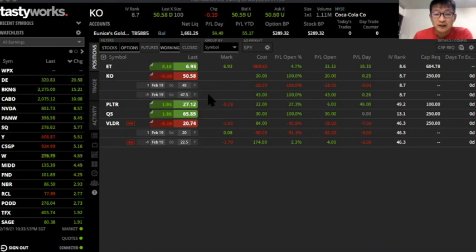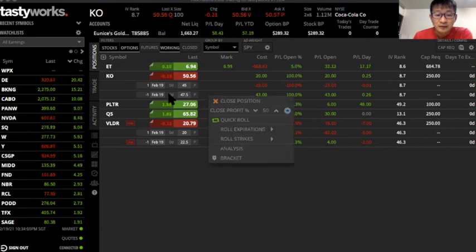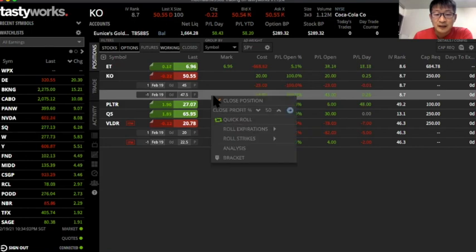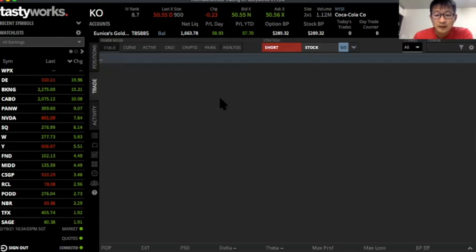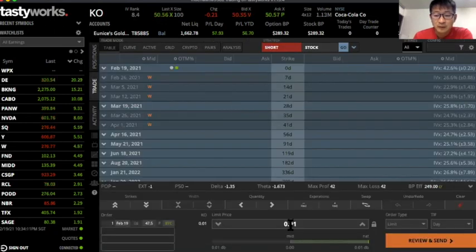When I click on this line, it is highlighted, and then you select close position, and it will pop up this message.